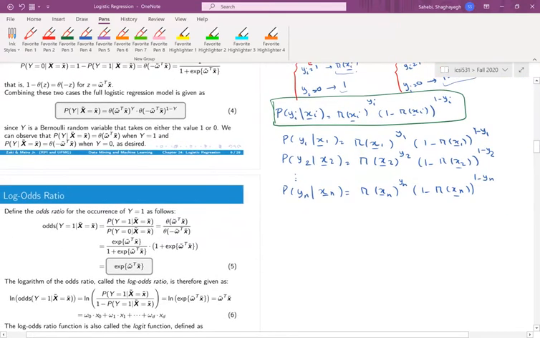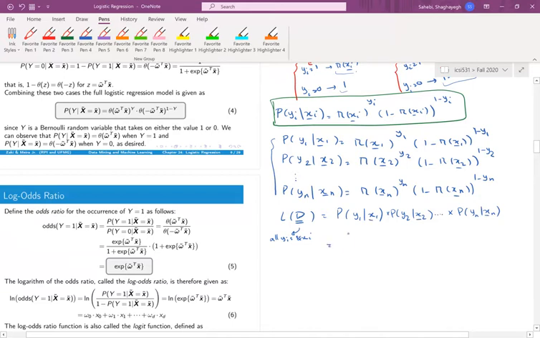So basically the likelihood for the whole data set, which has all the yi's and xi's, is going to be the multiplication of all of these probabilities. It's going to be the probability of y1 given x1, multiplied by the probability of y2 given x2, etc., up to the probability of yn given xn.